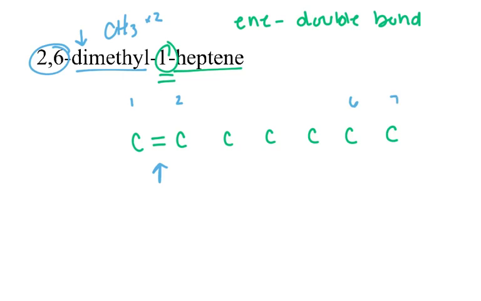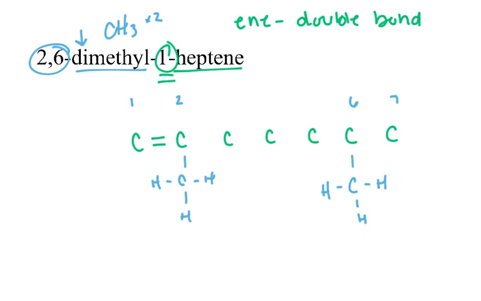I'm going to put my first methyl group here. And I'm going to put my second methyl group here on 6 because that's where I was told they were. The reason why I mentioned that is because 2 and 6 kind of look like mirrors of one another. That's why I said it doesn't matter which direction you count from as long as you're counting from the same direction when you're putting your double or triple bond in as well as your alkyl groups.